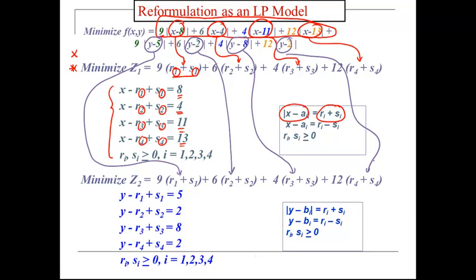Okay, so we started with our objective function that will consider both coordinates x and y. Now we are separating the model. We're basically formulating the problem just for x and formulating a separate problem just for y. We are substituting x minus ai by this expression, ri plus si. So that's what we have here in the objective function.